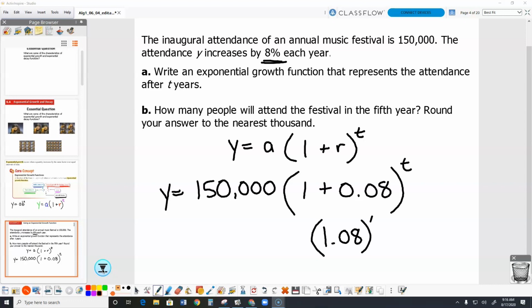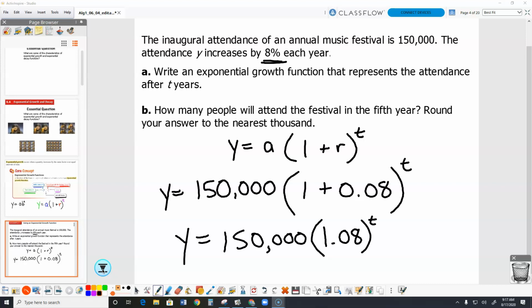That will be to the power of t. And then I'll have 150,000 is equal to y. Okay, so that gives us the equation that we need to work with. That takes care of part A.